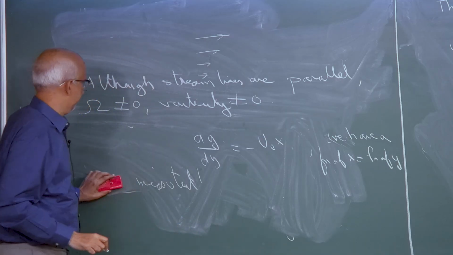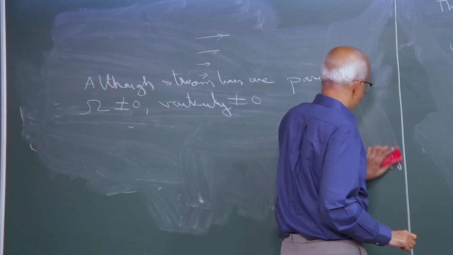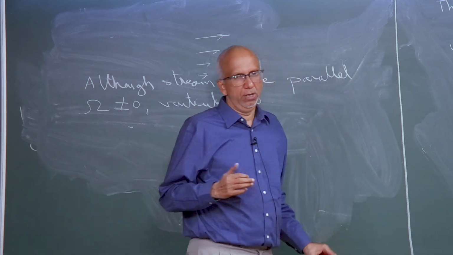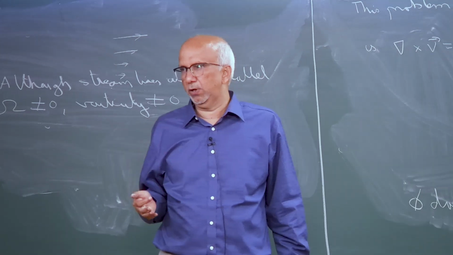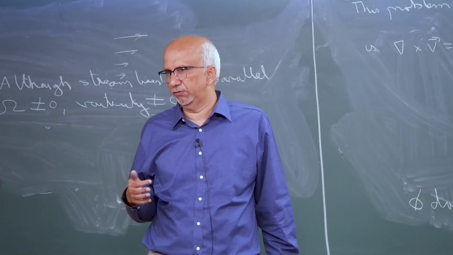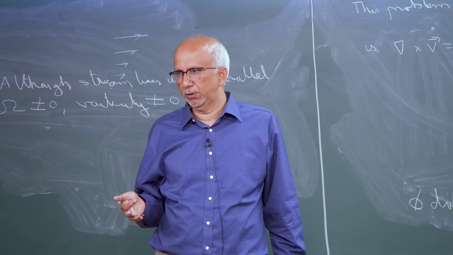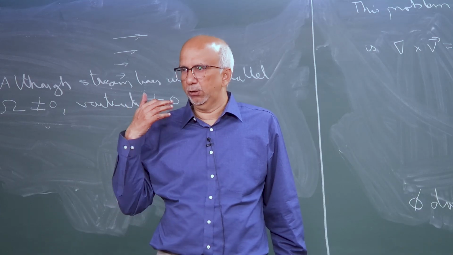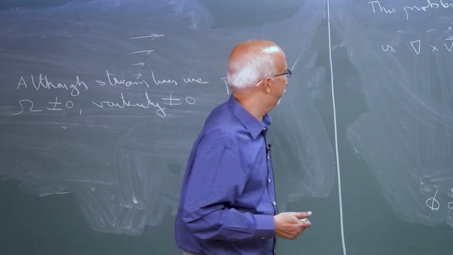I think that is something which I want you to remember. The only way you can find out if a flow field is irrotational or not is by calculating the curl of V. If the curl of V is 0, then you can go for irrotationality, then you can try to find the potential function. Otherwise, you will not be able to find the potential function.